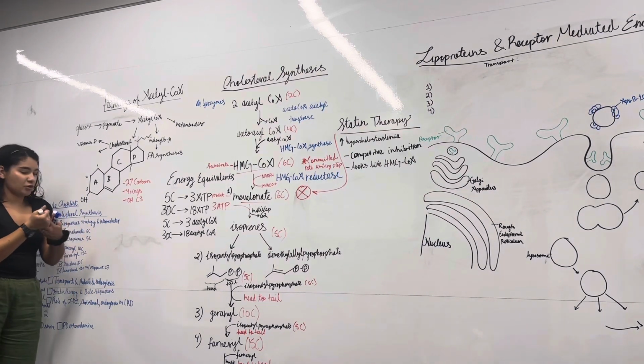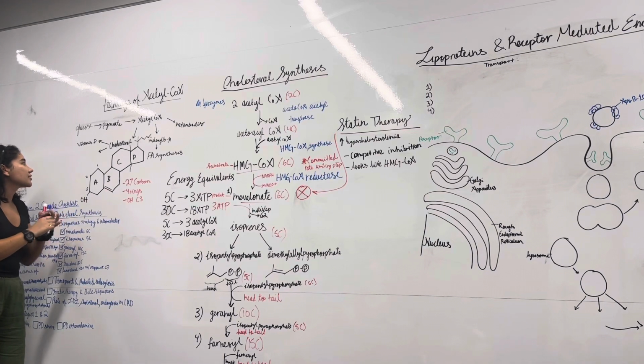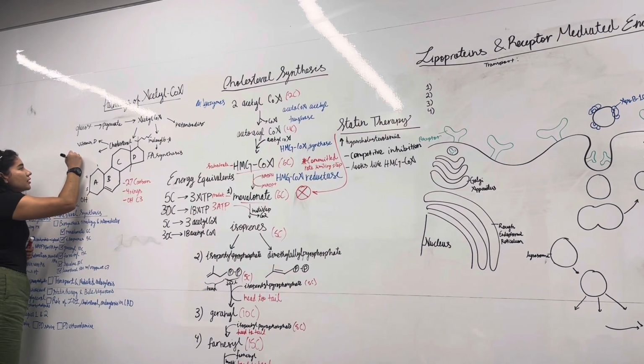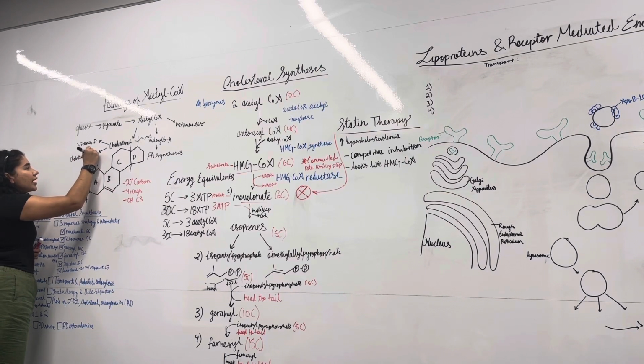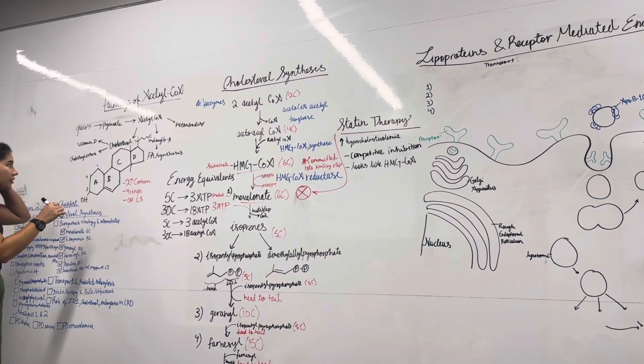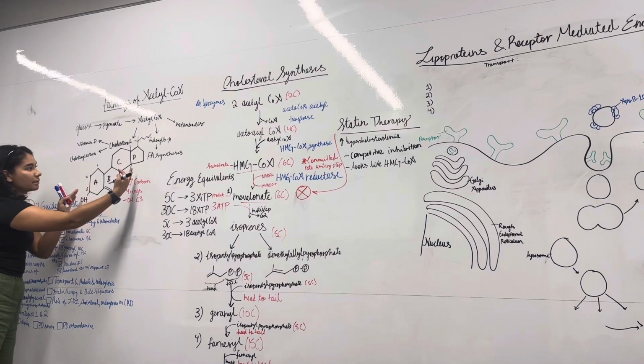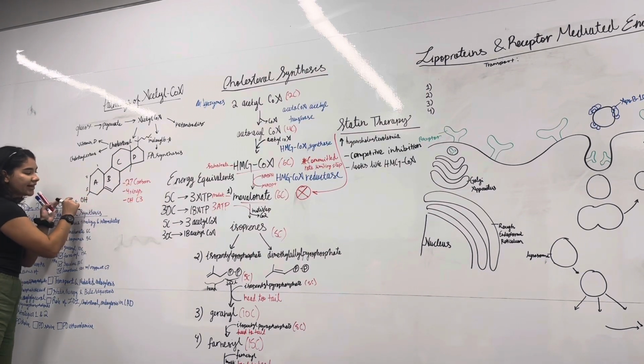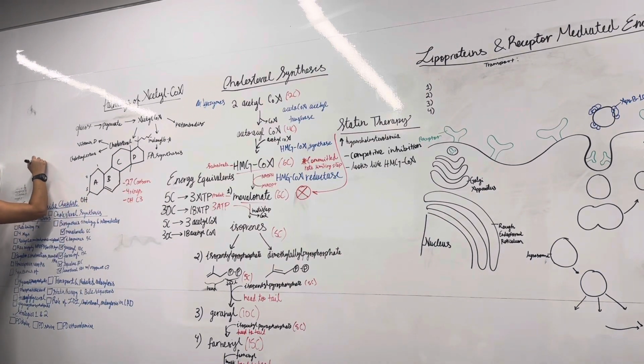Okay, and so cholesterol can also make something that's called cholesterol esters, right? Basically, with cholesterol esters you still have the same composition of four rings, but it has a fatty acid instead of the OH. Let me show you how that looks.